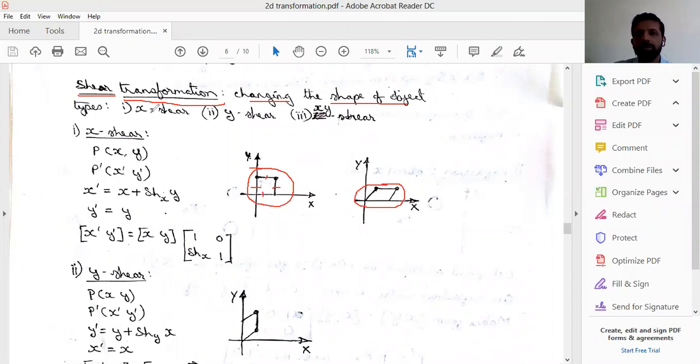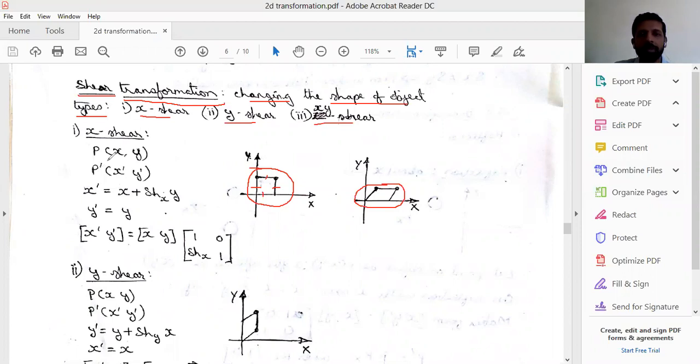Since it is two-dimensional, here we have once again x. We can shear it along the x direction, along y, and along x and y. Both are also possible in this case. So there are three types: one along x, one along y, and one along x and y. Let us see each one of them one by one.